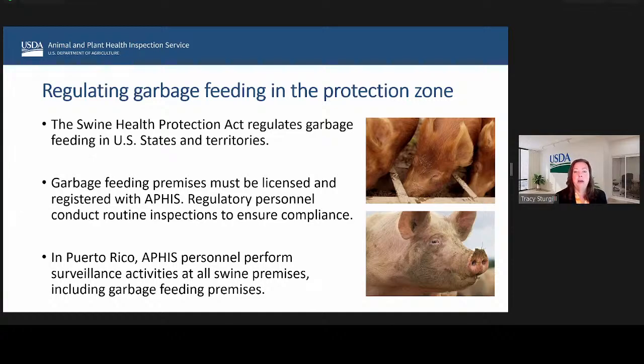And this occurs in both the protection zone and in the continental U.S. in those states that do allow garbage feeding, and not all states do. Additionally, in Puerto Rico, APHIS personnel perform surveillance activities at all the swine premises, and these visits include inspections, temperature checks for the proper cooking of the garbage, and diagnostic sampling when indicated.